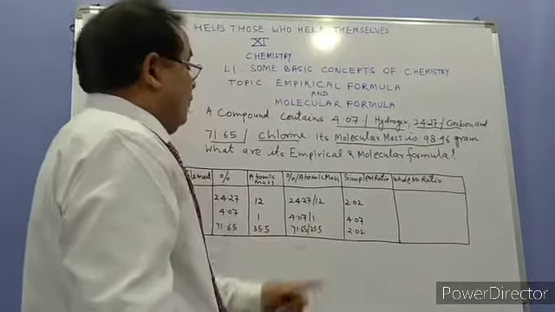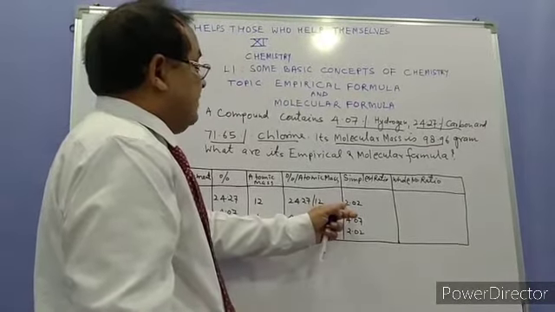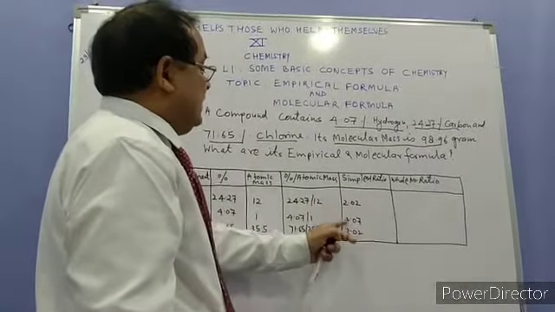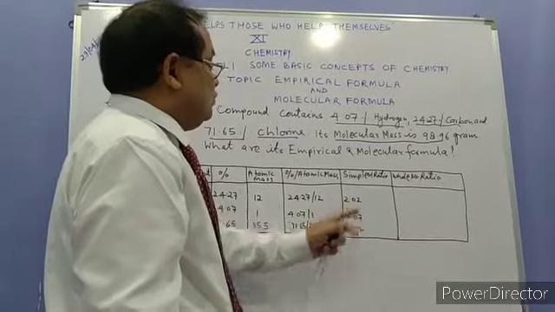Now we divide each by the lowest number. Here the lowest number is 2.02.